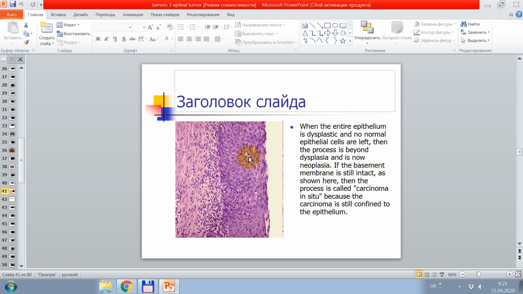When the entire epithelium is dysplastic and no normal epithelium is left, then the process is beyond dysplasia and is now neoplasia. If the basement membrane is still intact, as shown here, then the process is called carcinoma in situ because the carcinoma is still confined to the epithelium.